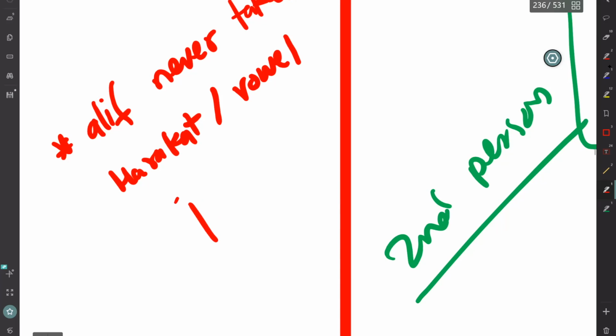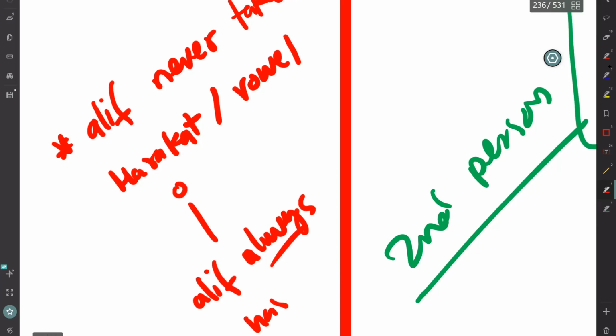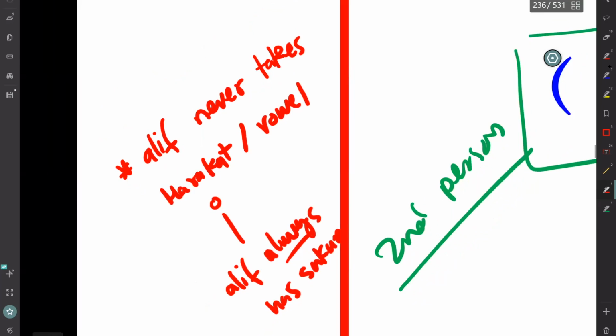You cannot put fatha on the alif, you cannot put dhamma on the alif, you cannot put kasra on the alif. That is impossible in Arabic. So alif always has sukun.